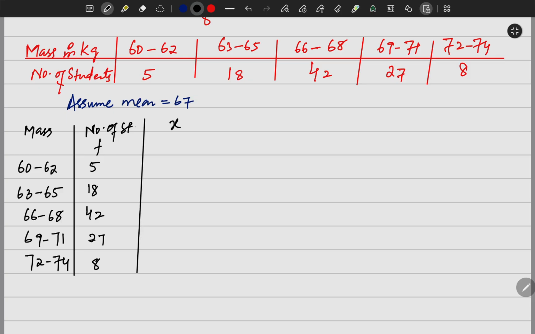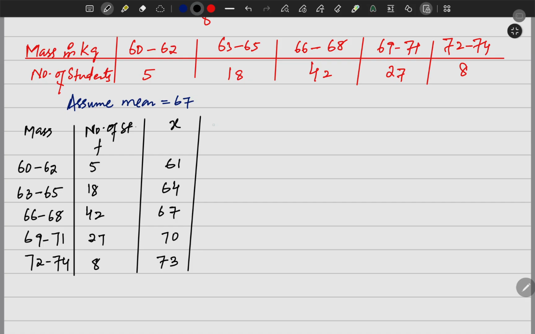So then x, that's a mid value. Here what we have, 60 and 62, we have the 61, and 63, 65, we have the 64, 66 to 68, 67, here 70, and here 73.